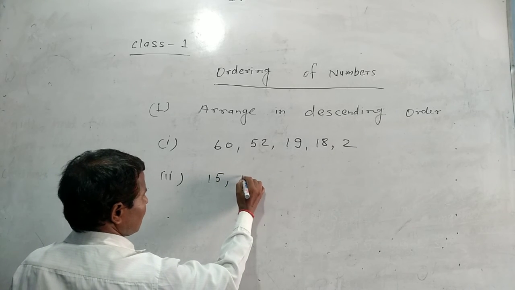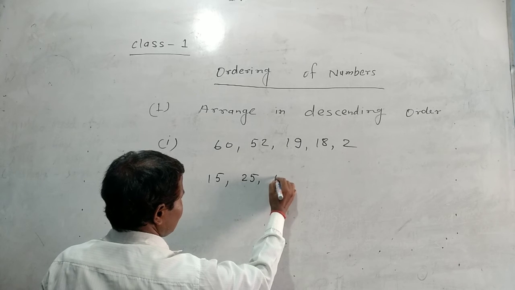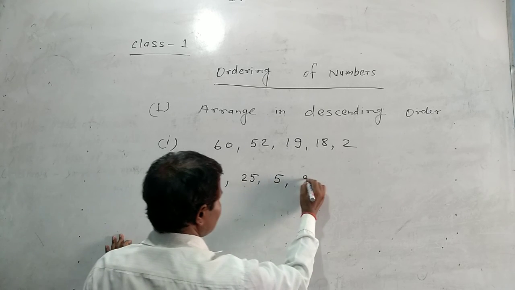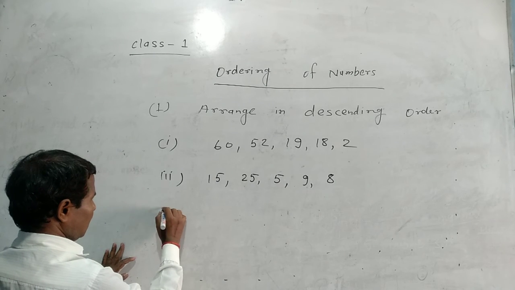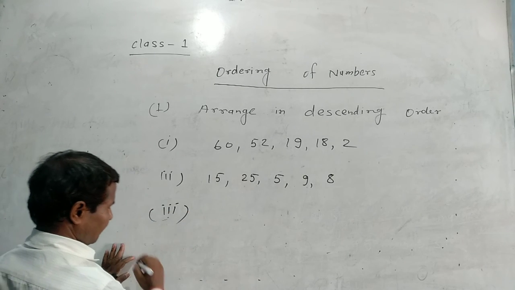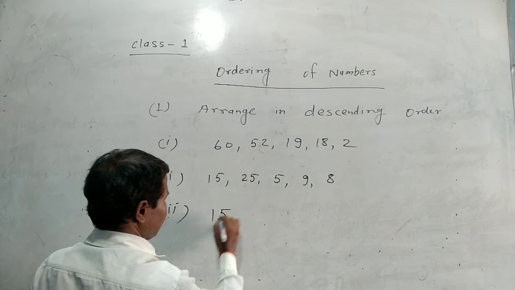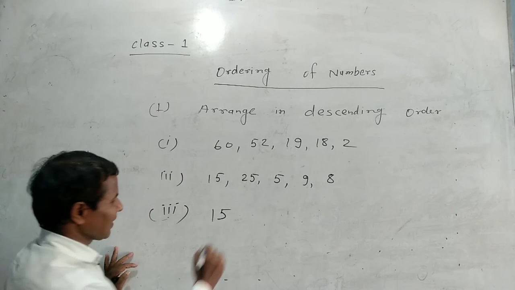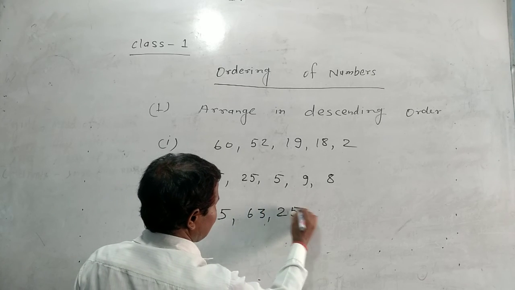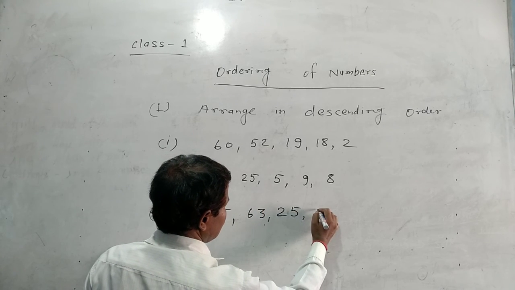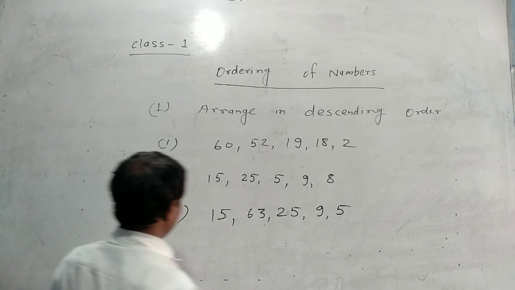Second: 15, 25, 5, 9, 8. Third: 18, 15, 63, 25, 9 and 5.